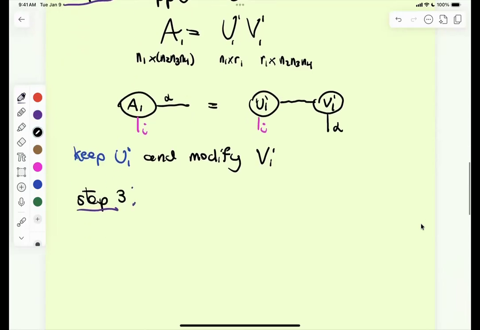If you look at V1 prime, what matrix was this? It was an R1 times N2, N3, N4 matrix.